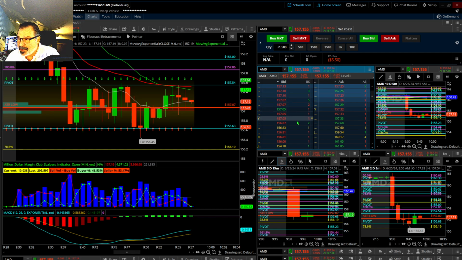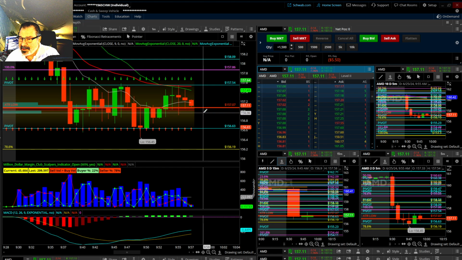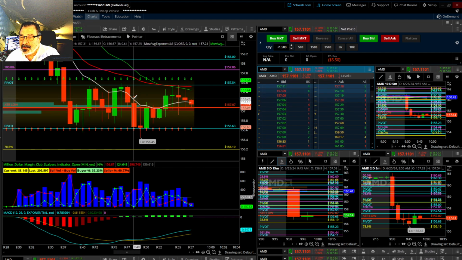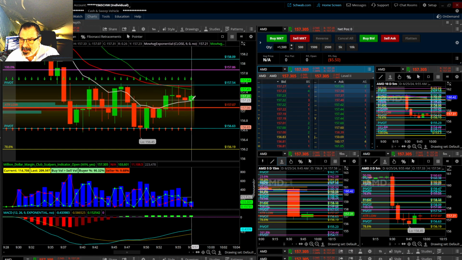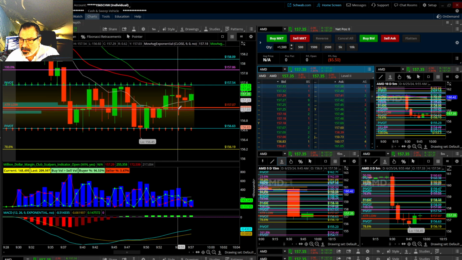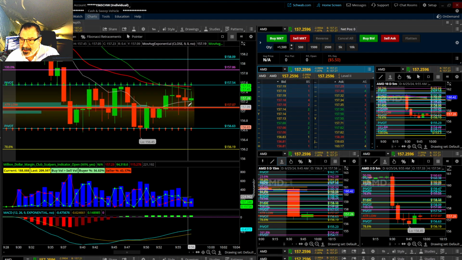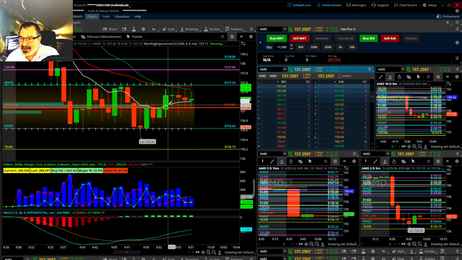So also I'll be watching Level 2, but on a large cap like this, it really doesn't come into play too much. So guys, it just depends on where it ends up here. If it keeps bouncing off of this, here's your point of control, or I call the magnet, right below that ATR. So that's kind of pulling stuff down. So we'd want to go short off this level if it gets back up there.